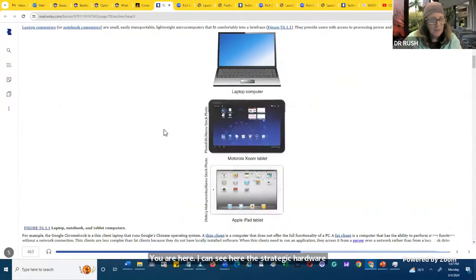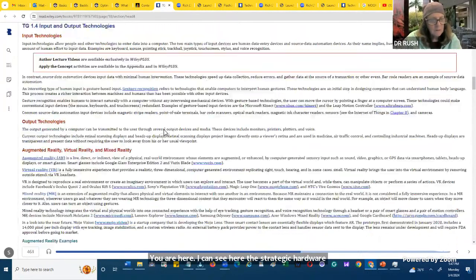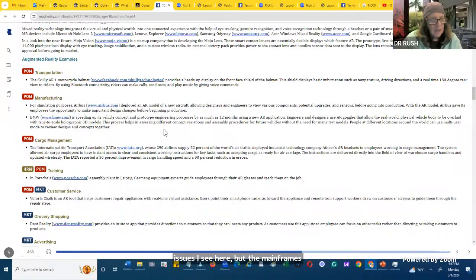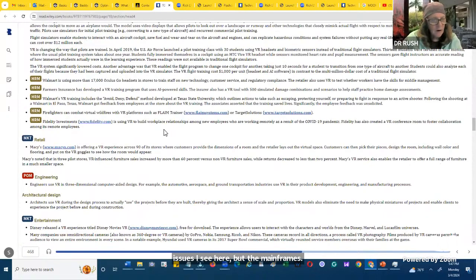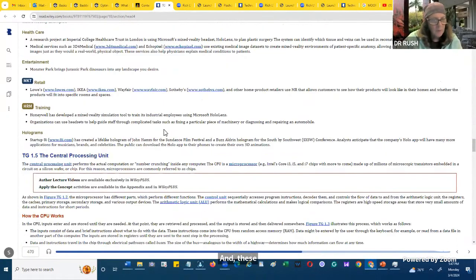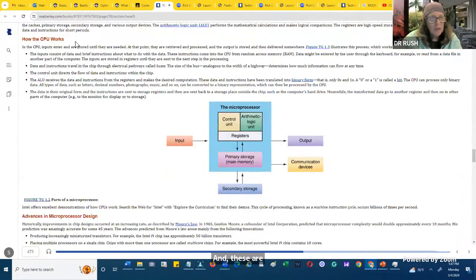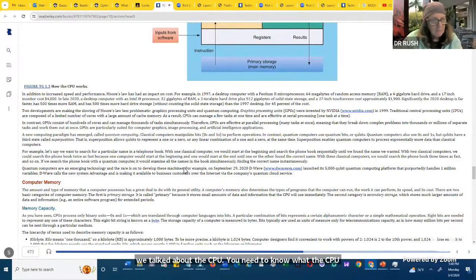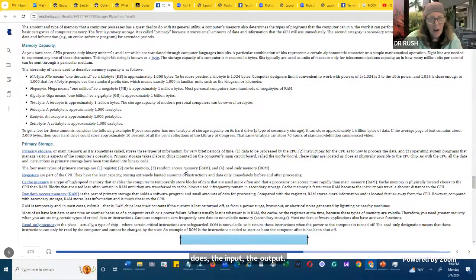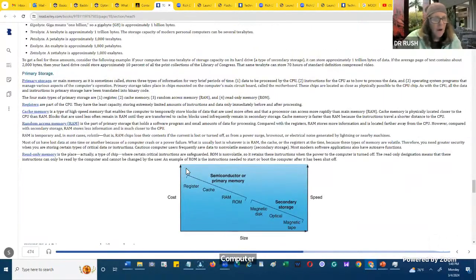I see here about the mainframes. And this is the hardware that we talked about. Remember, we talked about the CPU. You need to know what the CPU does, the input, the output, computer memory, primary storage. Remember, we talked about primary storage. This is important to know.